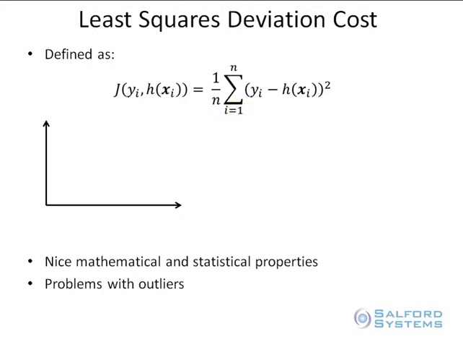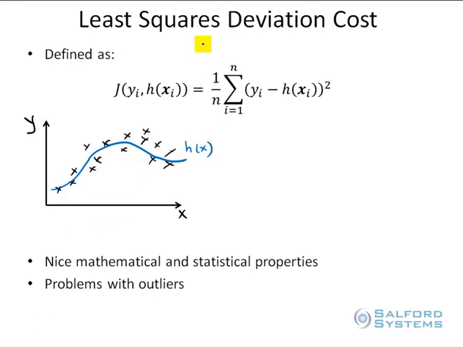Now, one way to see it is, again, if I set some kind of data set here, and assuming that I already fit some kind of response surface that looks like this, so that's my h of x. And again, I have a univariate set of features x and a response y.